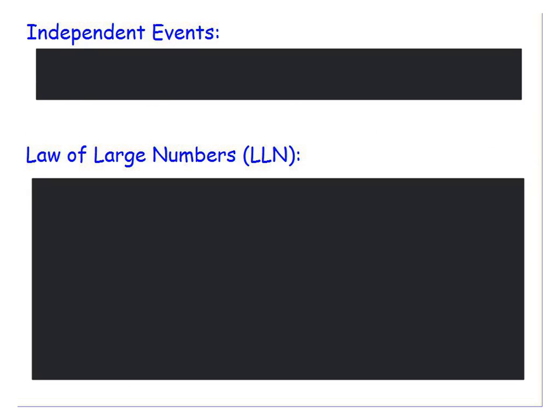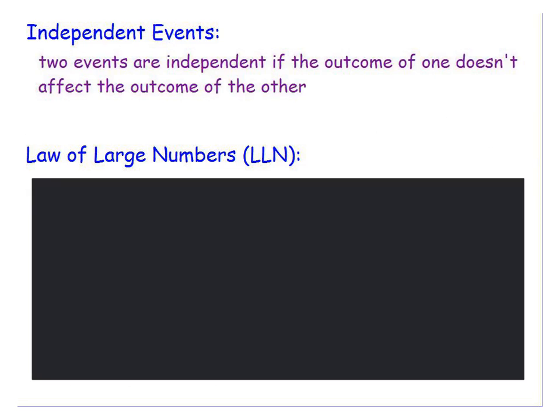Independent events. This is our next vocab word. Independent events are 2 events that are independent if the outcome of one doesn't affect the outcome of another. So if you think about the coins we were just flipping, is it possible to get 10 or 12 heads in a row?